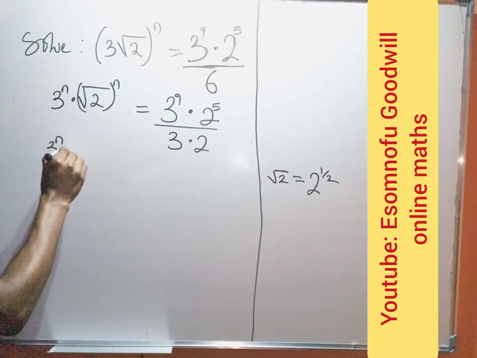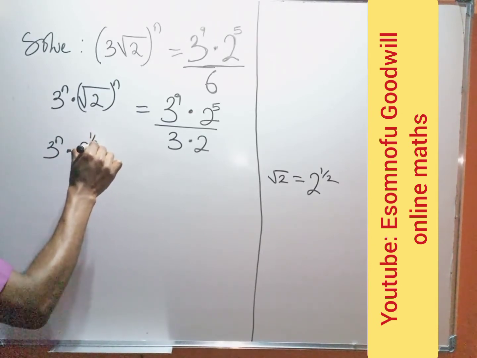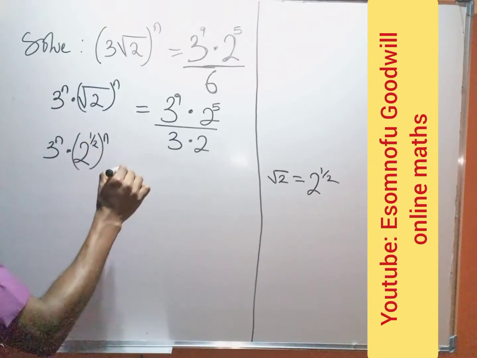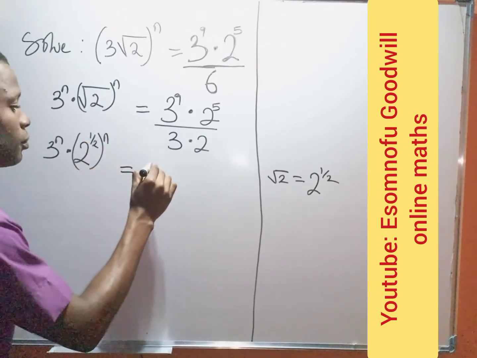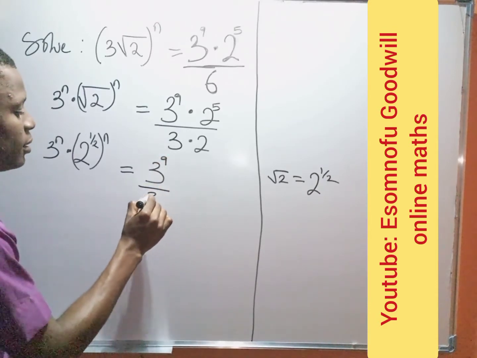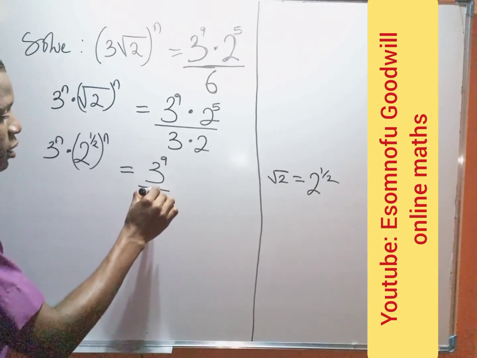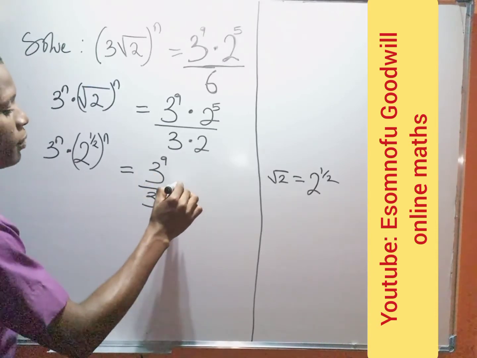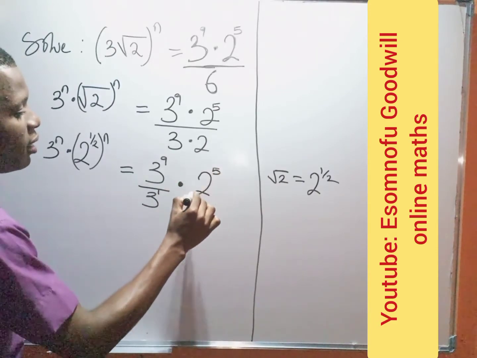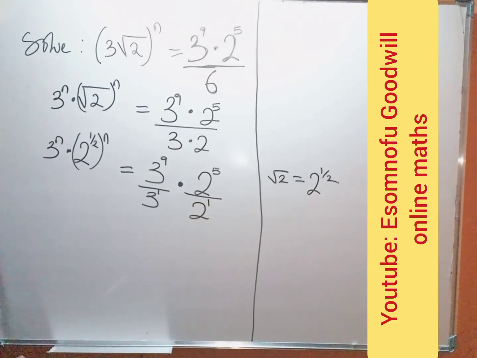So I have 3 times 2^(1/2), all raised to the power of n, equal to 3^9 divided by 3^1, times 2^5 divided by 2^1.